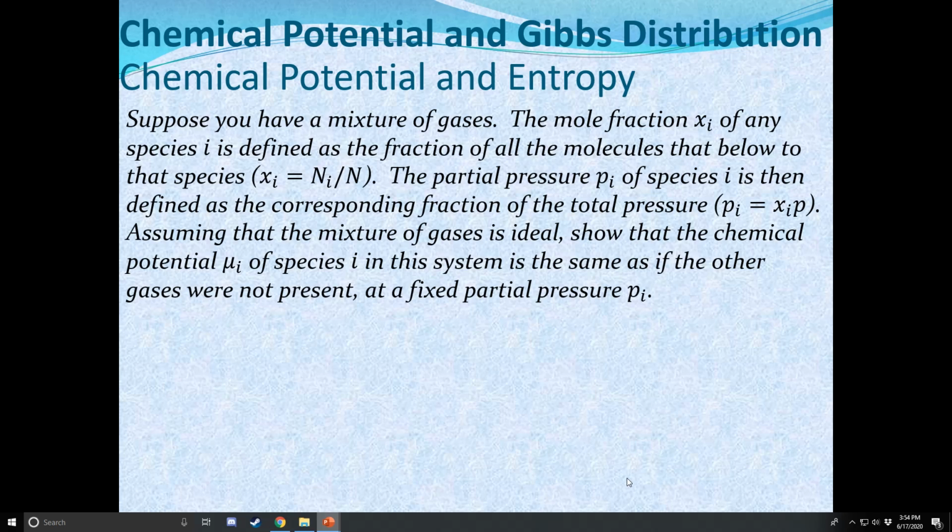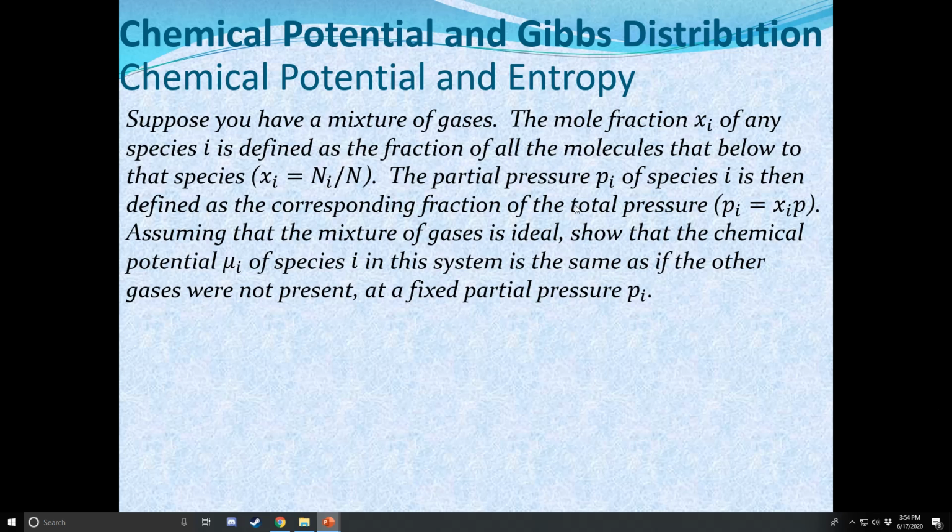All right, so here we're going to come up with equations for the partial pressure. Now, they tell us that the partial pressure is given as this.